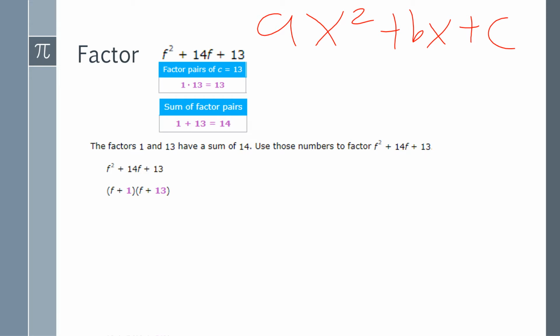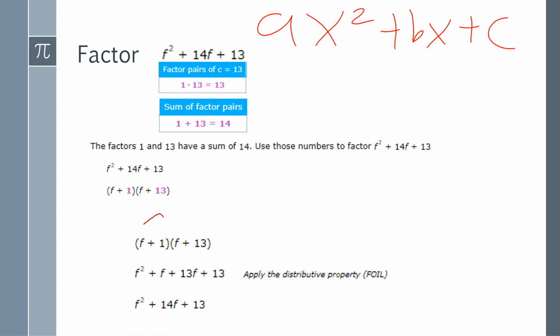Now, if I was going to check my work, going from factored form back to standard, I just have to use my foiling method, as you see here. When I multiply these things out, remember, my first, my outer, my inner, and my last.